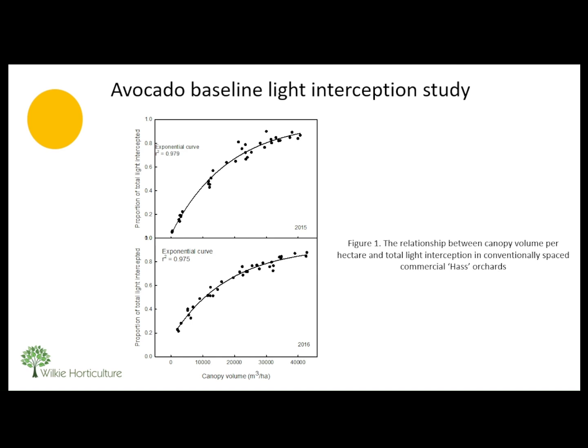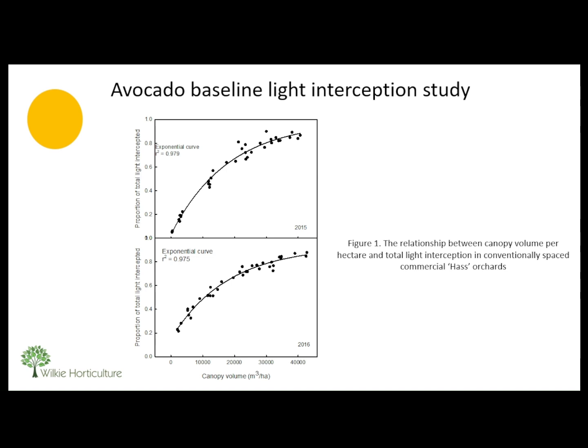It's not linear, there's still a curve, but for each cubic metre of canopy volume we're increasing, we're also getting a high increase in the percentage of light that's intercepted. As we get to higher and higher levels of canopy volume, the increase in total light interception we get as we increase that canopy volume gets less.